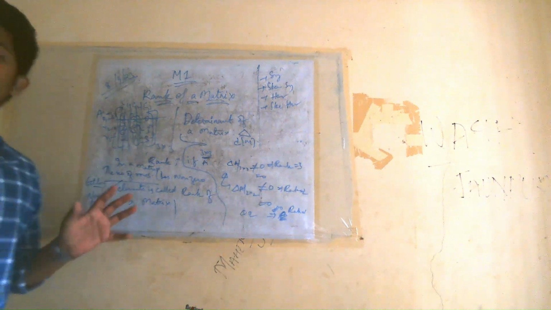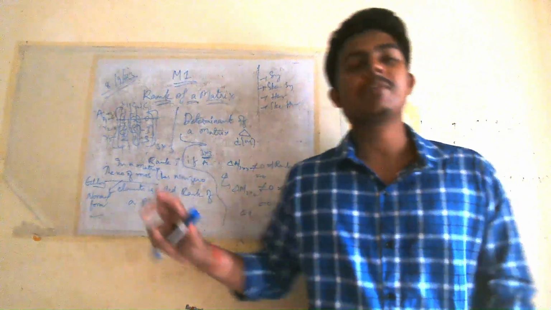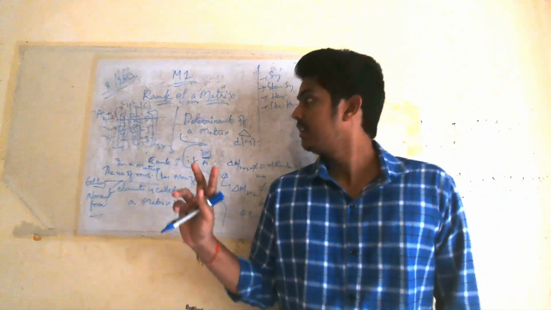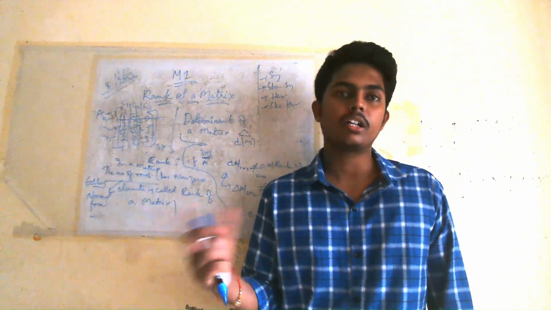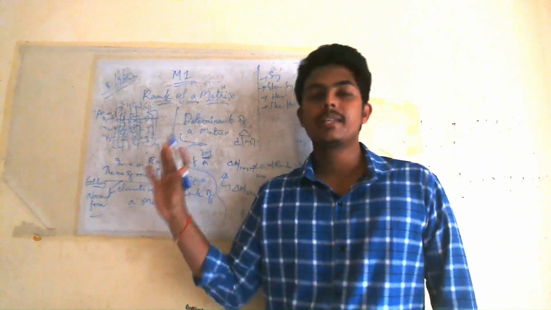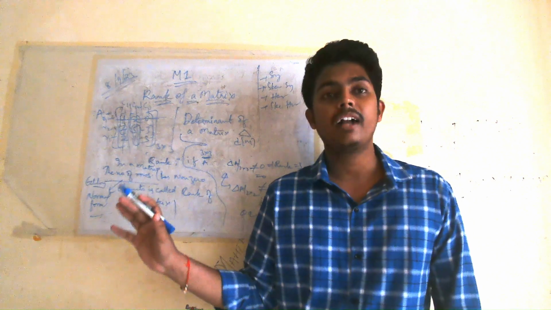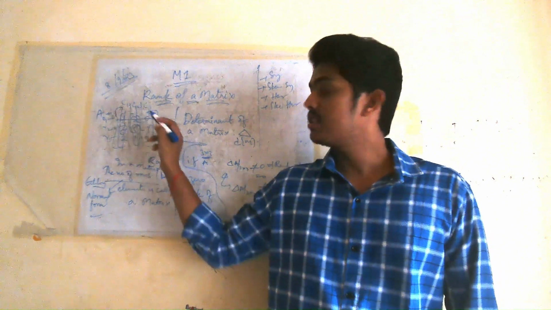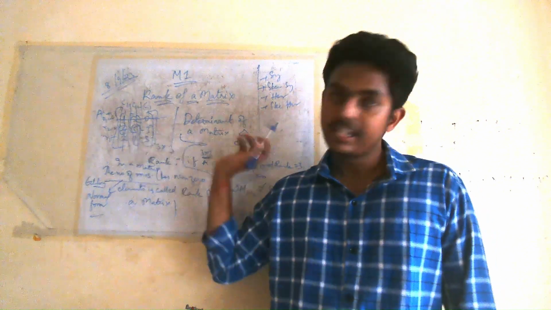First understand that when you convert into echelon form or normal form, it's a type of form of a matrix. That means you operate on that matrix under certain operations, like columns or rows being interchanged, or adding or subtracting multiples, and you make it into the simplest form of the matrix. In that, directly you can tell the number of non-zero rows is 3, so the rank is 3.